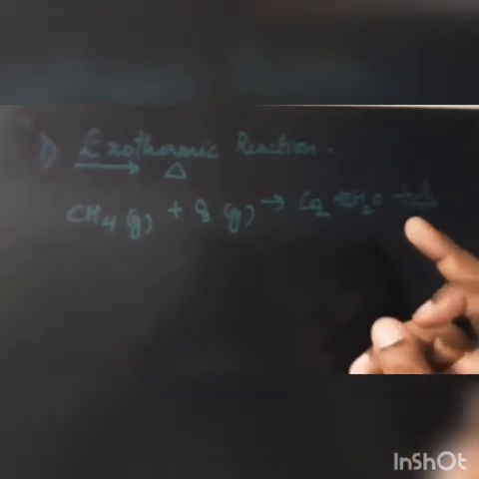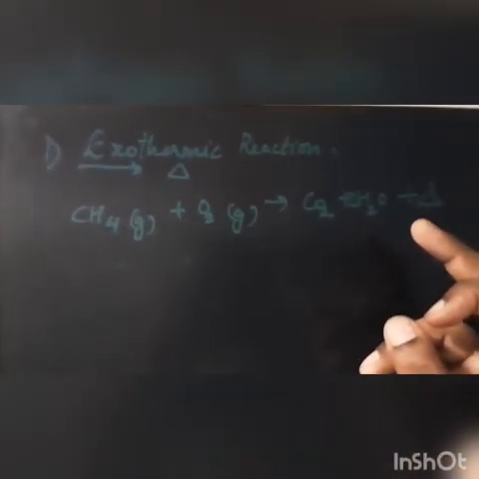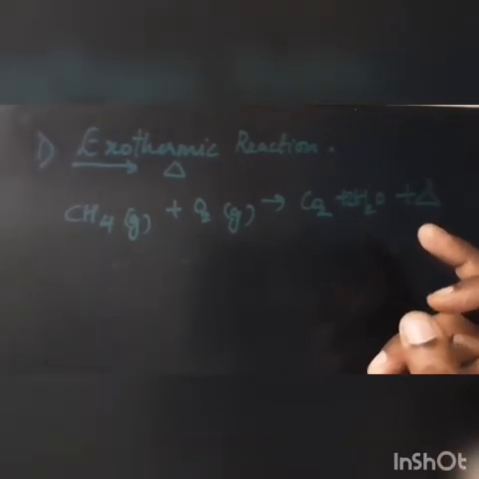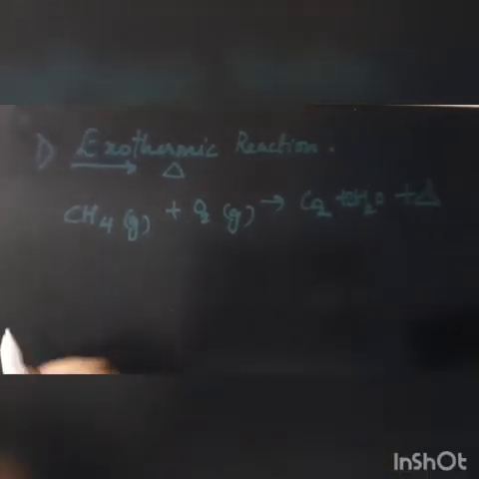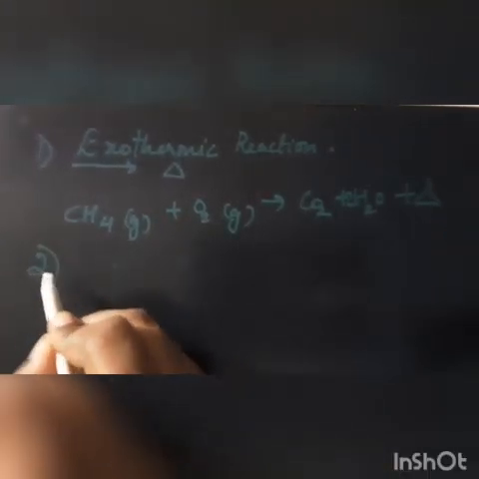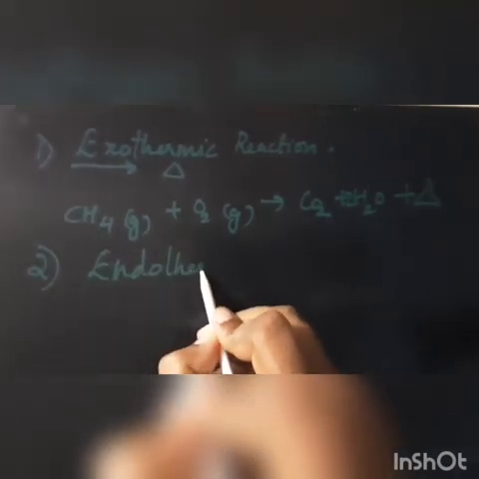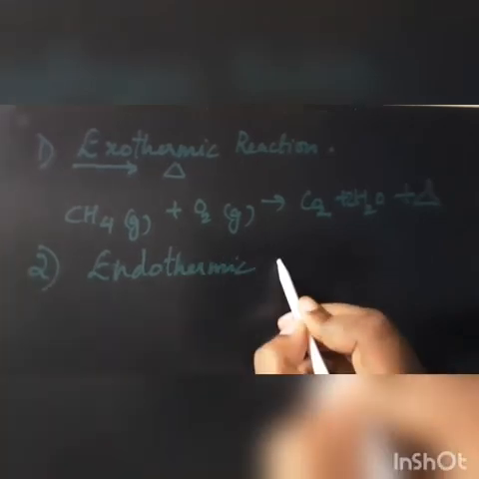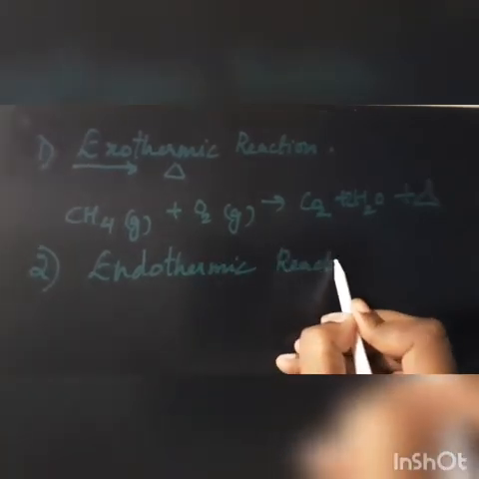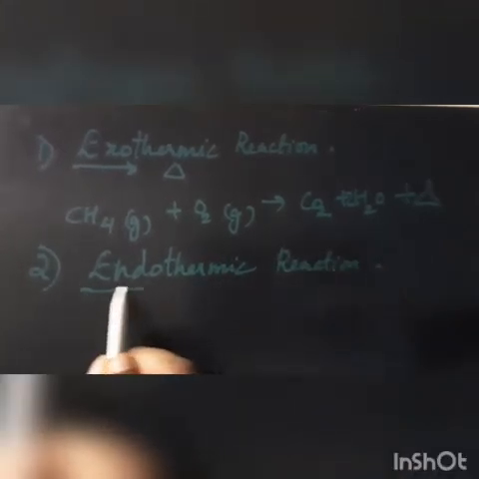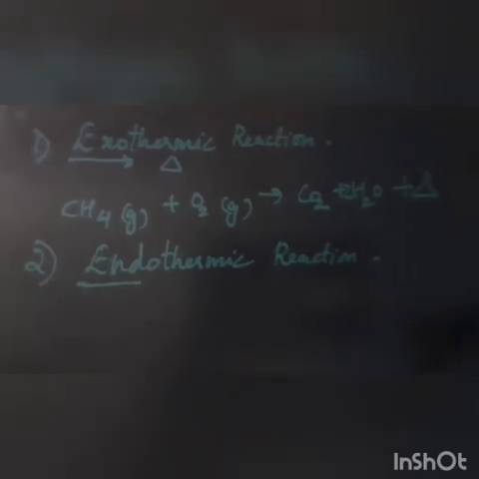That means this is an exothermic reaction in which heat is released. The second type of reaction is the endothermic reaction. What do you mean by endothermic reaction? Endo means inside. That means a reaction which requires energy, that means it requires heat for the reaction to occur.